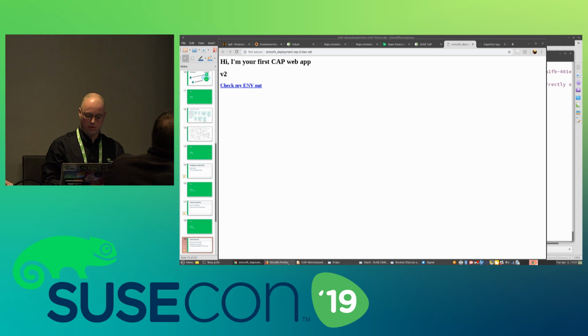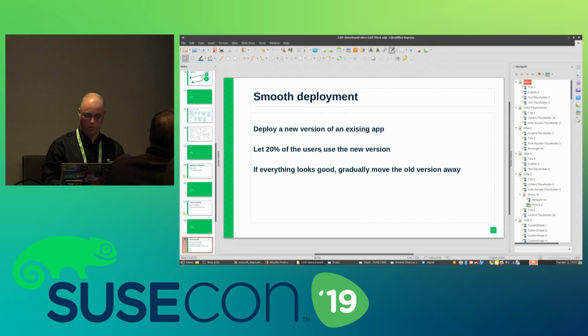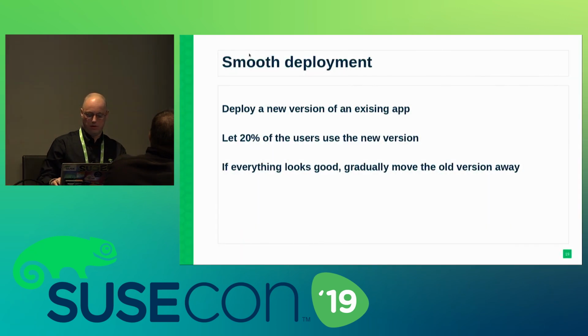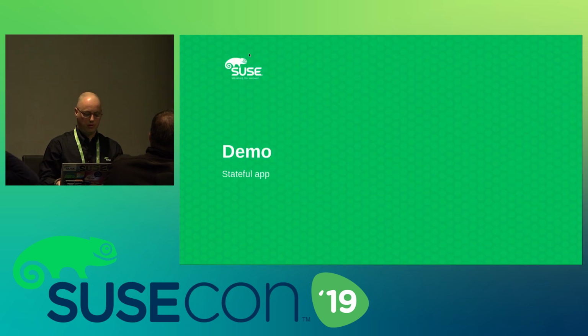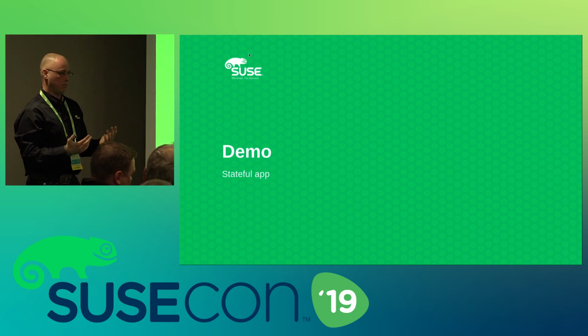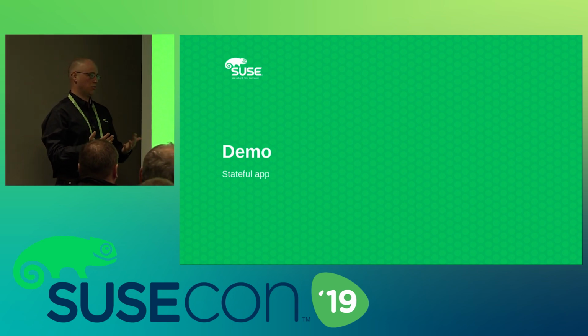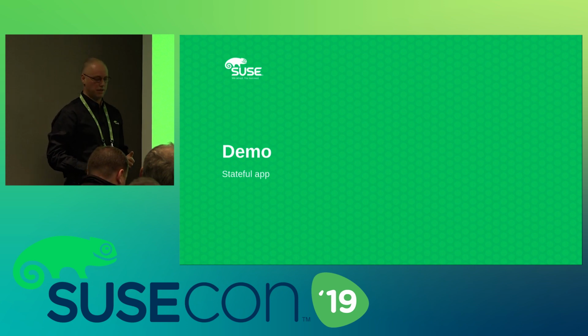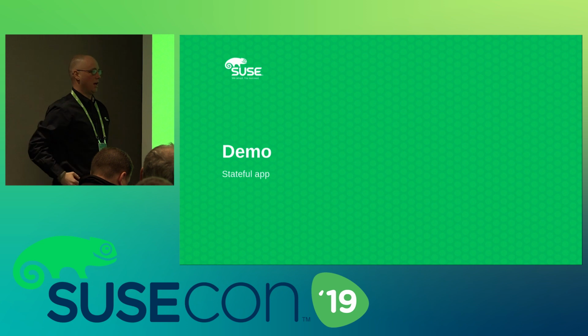The last demo I'm going to show is the most tricky one, so I really hope the demo gods are with me. What I'm going to do now is show something we call a stateful app. If you're following the twelve-factor application development, how to develop cloud native applications, you should not have stateful apps and should store the state somewhere else.